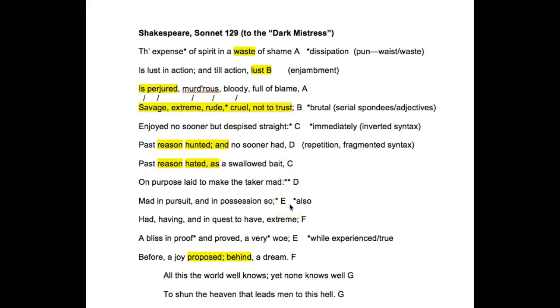Mad in pursuit and in possession so, had, having, and in quest to have, extreme, a bliss in proof and proved a very woe, before a joy proposed behind a dream. All this the world well knows, yet none knows well, to shun the heaven that leads men to this hell.